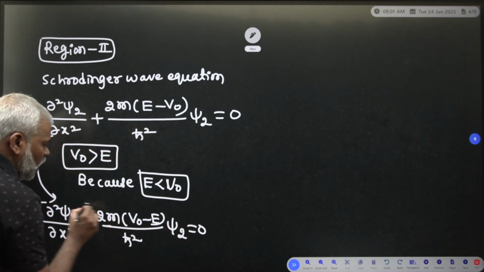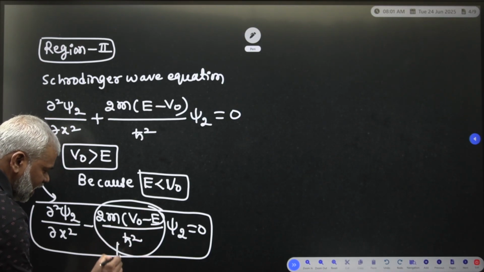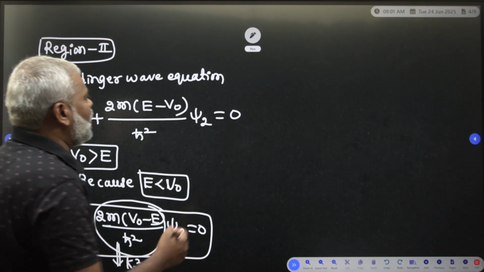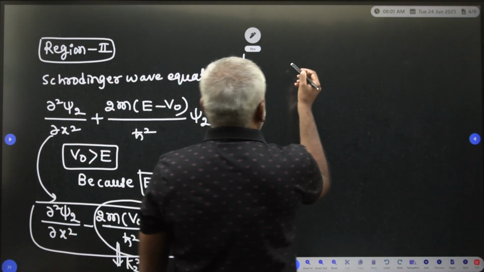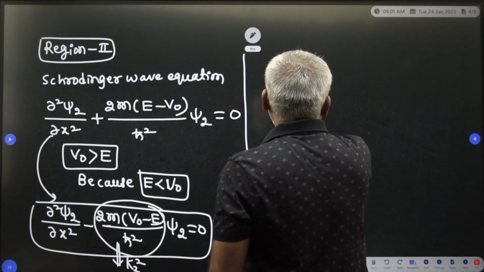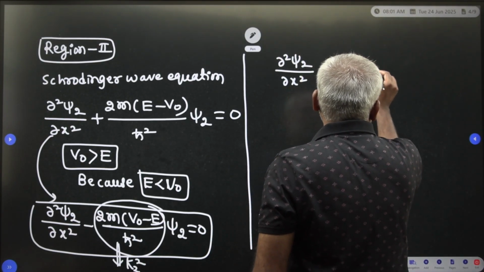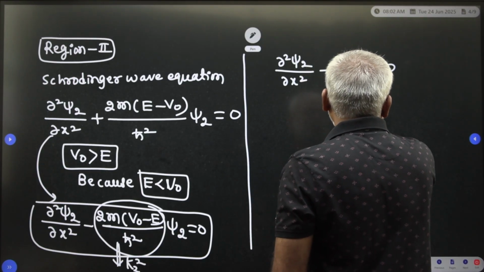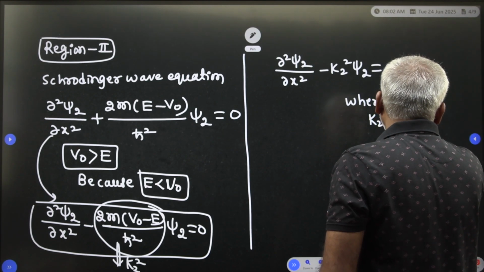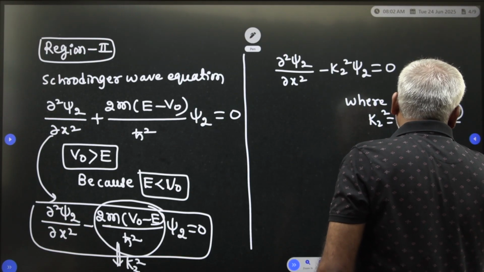This entire term you have to take as a constant, and that constant you consider as k2 square. So dou square psi 2 by dou x square minus k2 square psi 2 is equal to 0, where k2 square is equal to 2m into V naught minus E divided by h cut square.